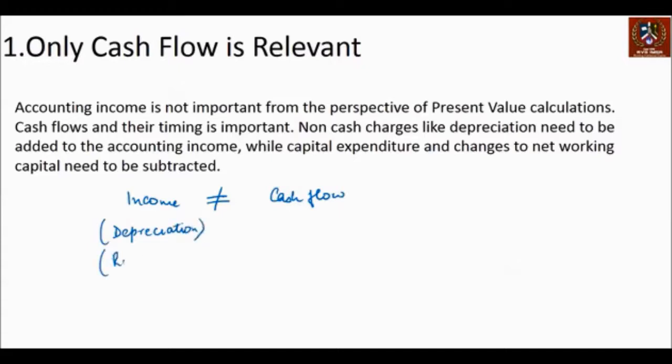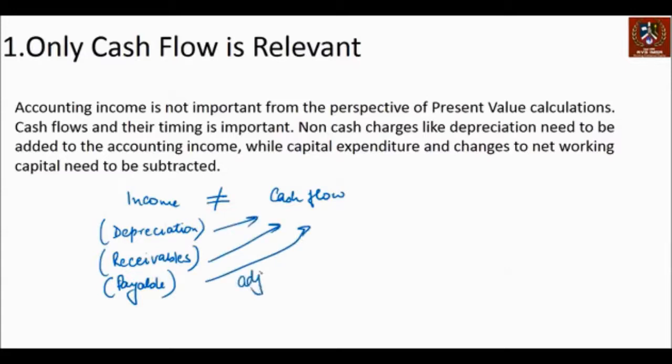Income has an assumption that everything has been received, but in the real world there are receivables. Income assumes that everything has been paid, but there are payables as well. All these get adjusted in the cash flow.